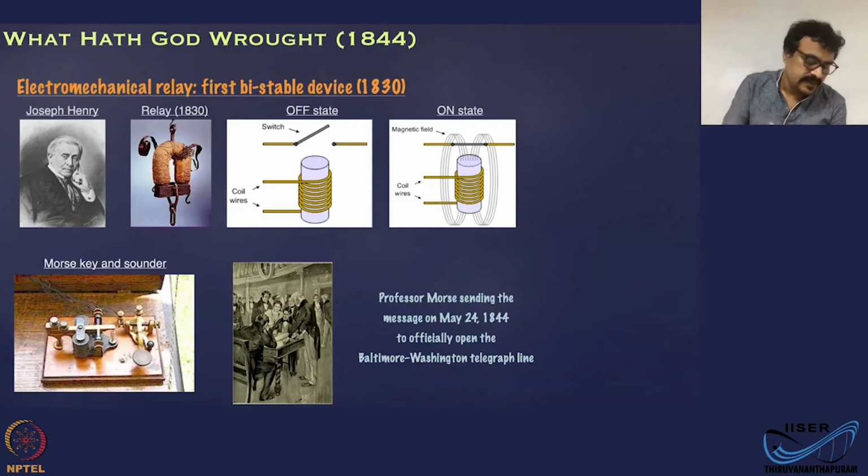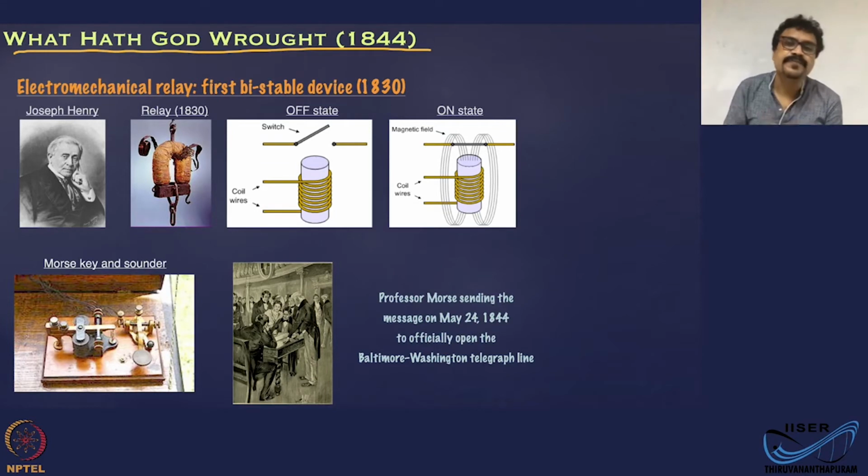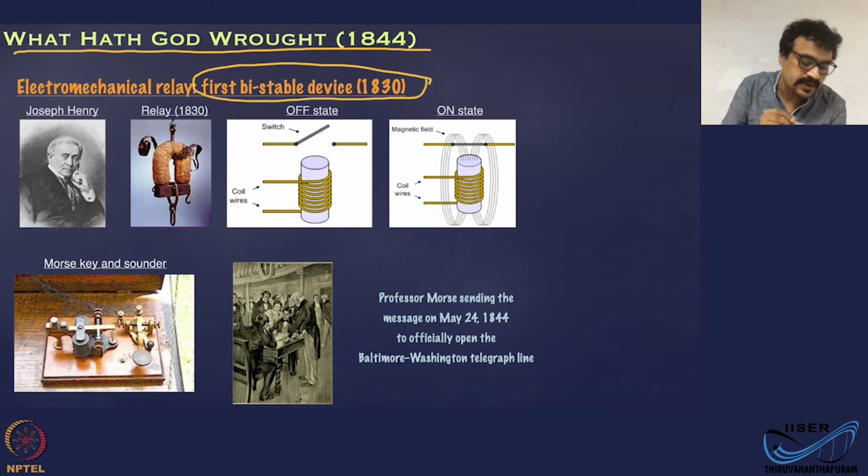Here we are looking at probably the first electrical device, that is a switch, or we call it a relay, or a bistable device. So you can open or close a switch by the application of current through a certain coil. That is what is shown here.